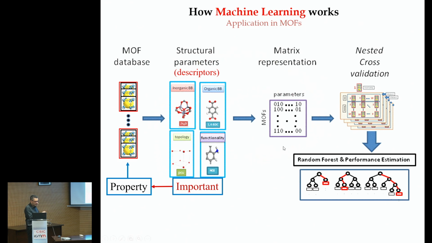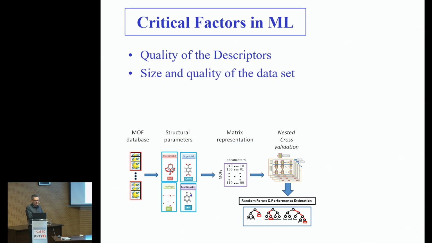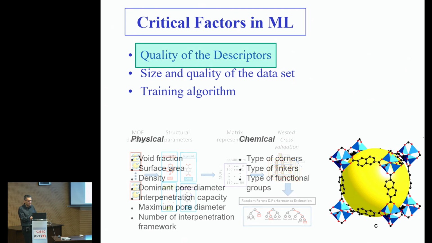We put everything in a matrix, then we train our network, and at the end we can make some predictions. What are the important things in this story? The quality of the descriptors, the size and quality of the data set, and of course the training algorithm.